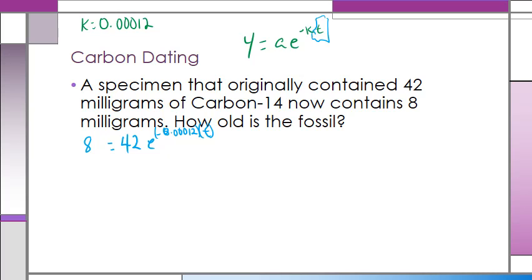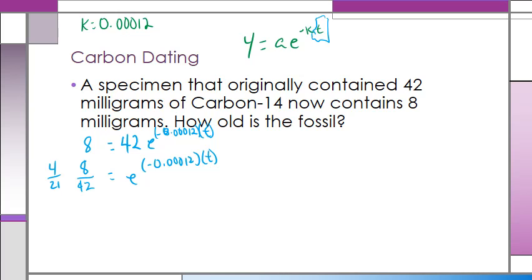Well, first I'm going to divide both sides of this equation by 42, and that's going to give me 8 over 42 equals E, again raised to the power of negative 0.00012 times T. And I could reduce this 8 over 42 at least to 4 over 21. I don't have to, but I think I will.